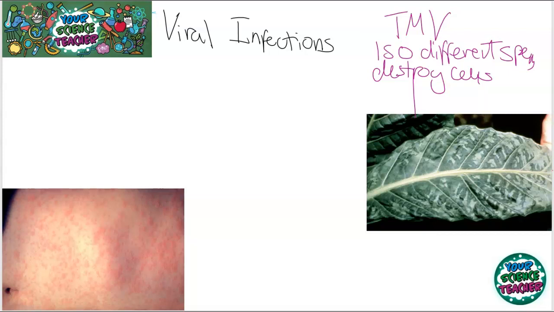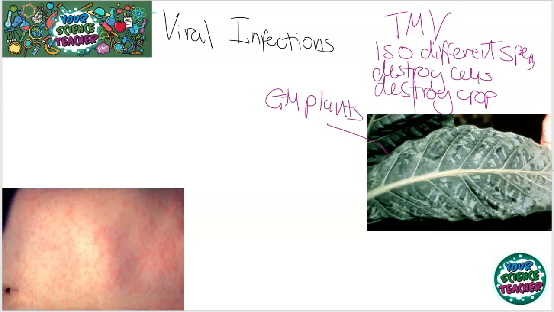For a farmer, it can be incredibly bad because it can destroy your crops, and it can really decrease the yield of crop. There is no treatment, and farmers now grow tobacco mosaic virus-free genetically modified plants in order to try and prevent it. So the way that they're getting around it is by genetically modifying plants.